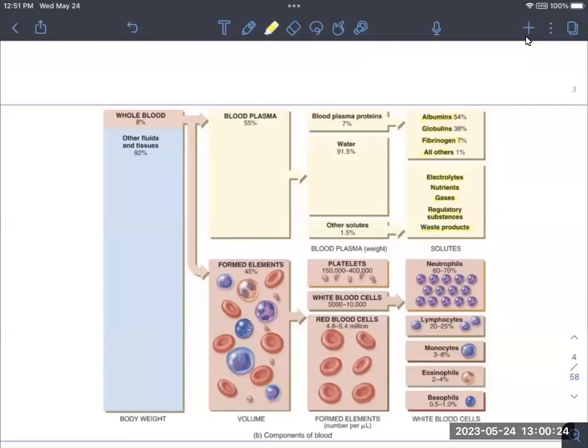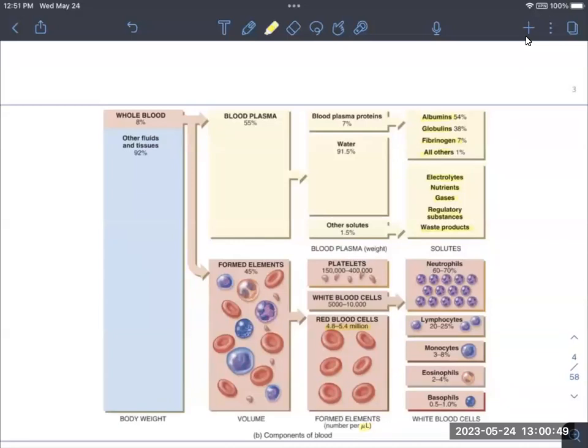So our formed elements are platelets, white blood cells, and red blood cells. We have millions upon millions of red blood cells, because we usually have 4.8 to 5.4 million red blood cells per microliter.